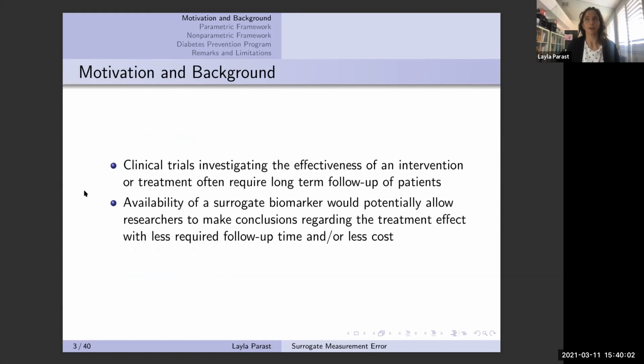So this is kind of the promise of surrogate markers. If we can find them and validate them, we can use them to replace the primary outcome. And if it's something that can be measured earlier than the primary outcome, then we could have less follow-up time. But even if it's something that has to be measured at the same time, if it's less costly or less invasive, it can still be a helpful replacement.